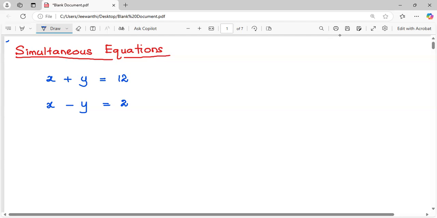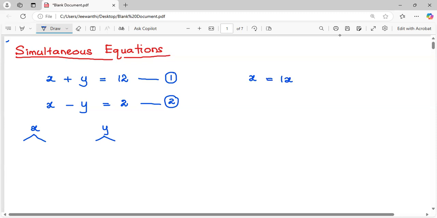When you have equations like this, first we number them, equation 1 and equation 2. Then I write the coefficients of each variable. The coefficient is the number in front of the variable. For an example, if they have written x, that means it is 1x. Even though nothing is written in front of x, we know it is 1x.